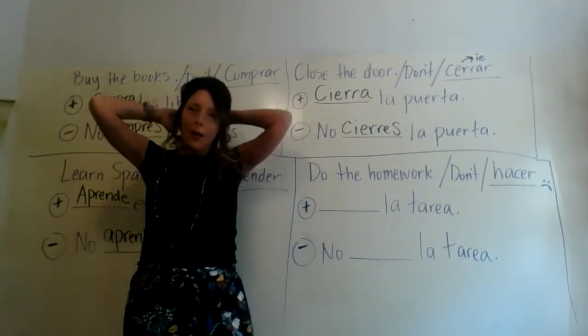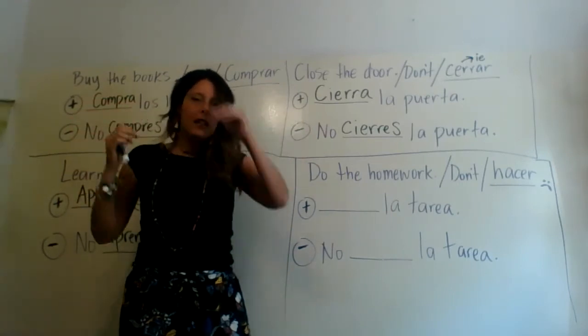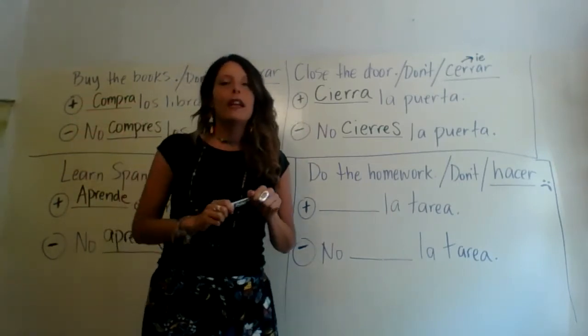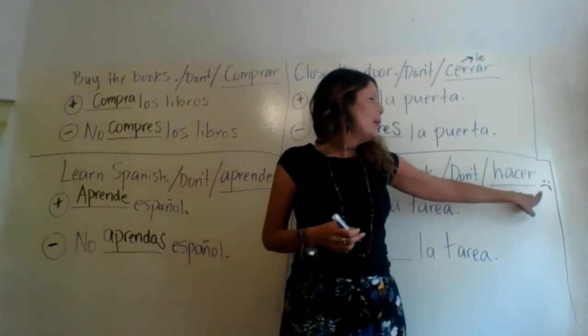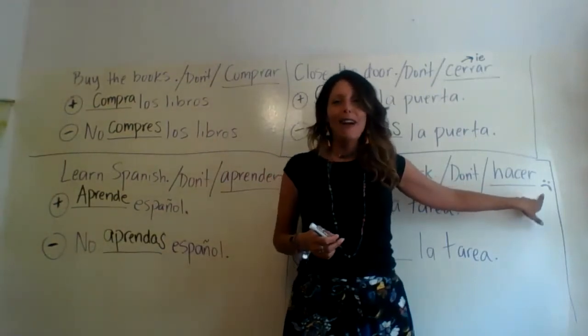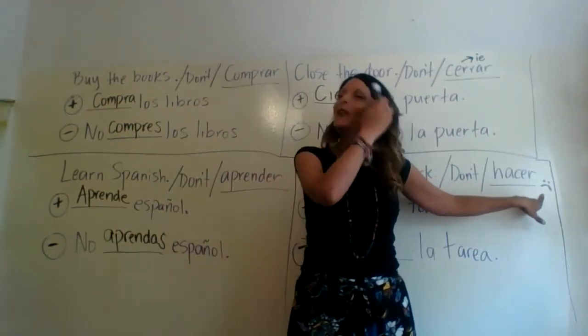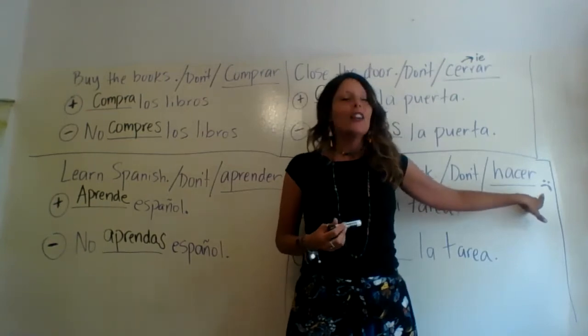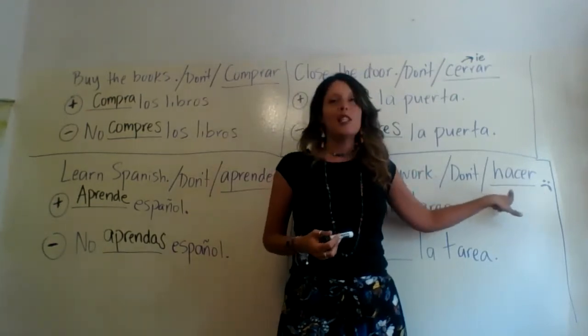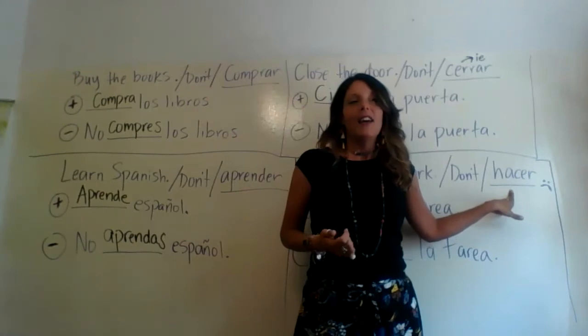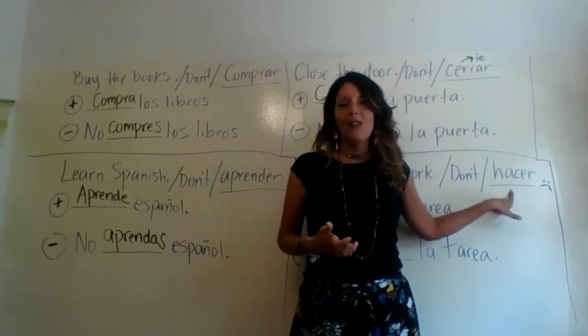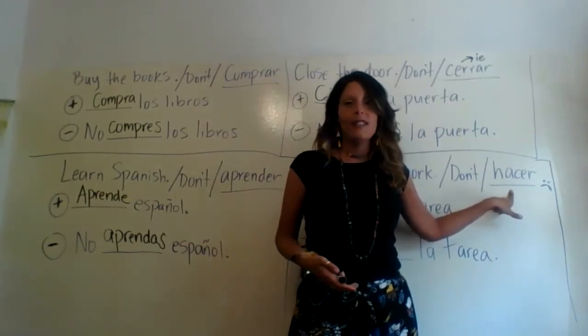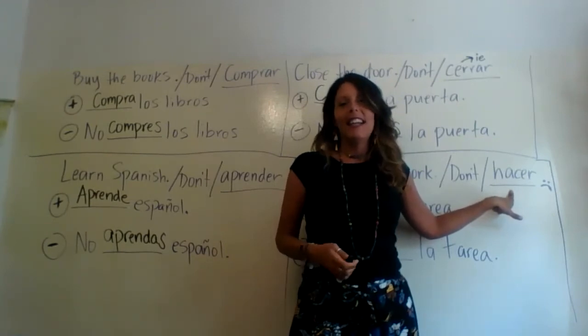And then we have an example of one that you guys aren't going to like very much, because I put a sad face by it. The reason I put a little frowny face by the verb hacer is because just like in any tense, we have irregular verbs. And guess what?